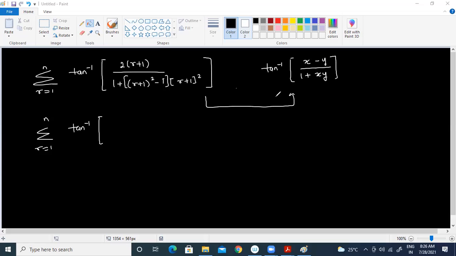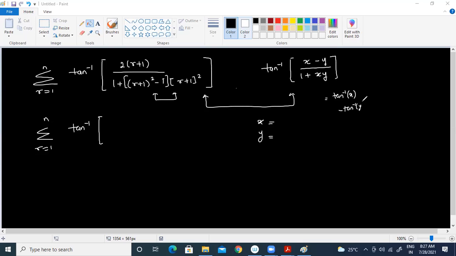So could you relate these two forms and tell me what could be the value of x and y? x and y should be such that their product should be seen here and their subtraction should be 2 into r plus 1. Yeah, this equals tan inverse x minus tan inverse y.